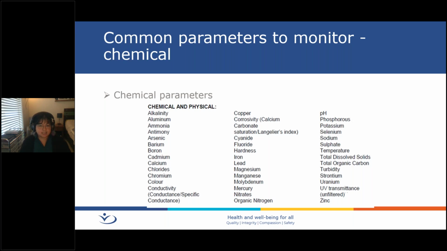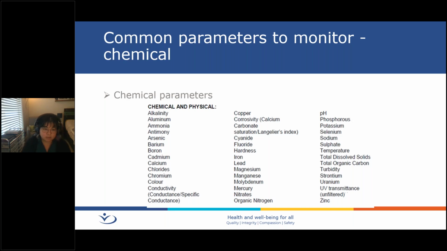And here is a list of the common physical, chemical parameters that should be tested for a new source. Often this is referred to as the comprehensive chemical test, and this is what the environmental health officer uses to complete part of the source evaluation for the source.